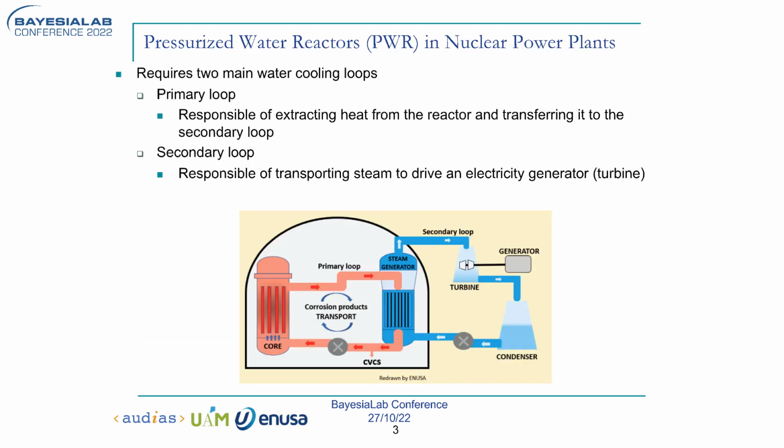So let's talk about nuclear power plants, and in particular a kind of nuclear reactor called pressurized water reactors. These reactors have the duty of generating heat that is transported by water in order to make a turbine move. When this turbine is moving, a generator produces electricity.